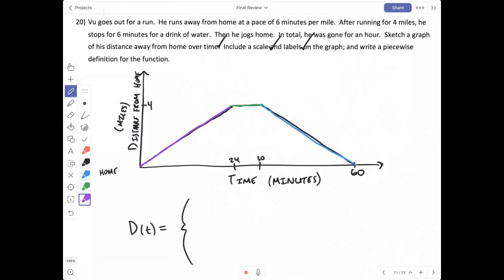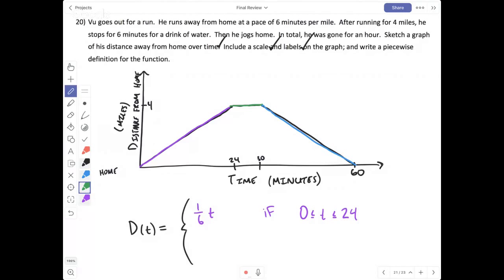So that was up 1 mile in 6 minutes, or rise of 1 over run of 6. So 1/6 t, for t in the interval 0 less than or equal to t, less than or equal to 24 minutes.